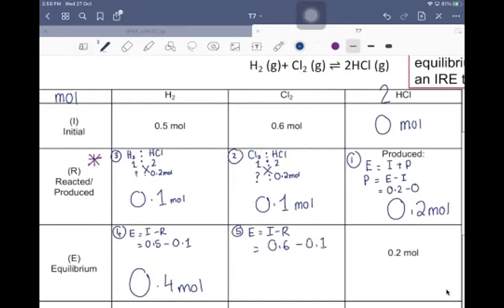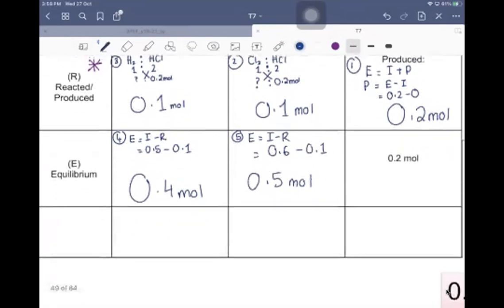So that means it's 0.5 mole. All right, we've got all the number of moles at equilibrium, okay?